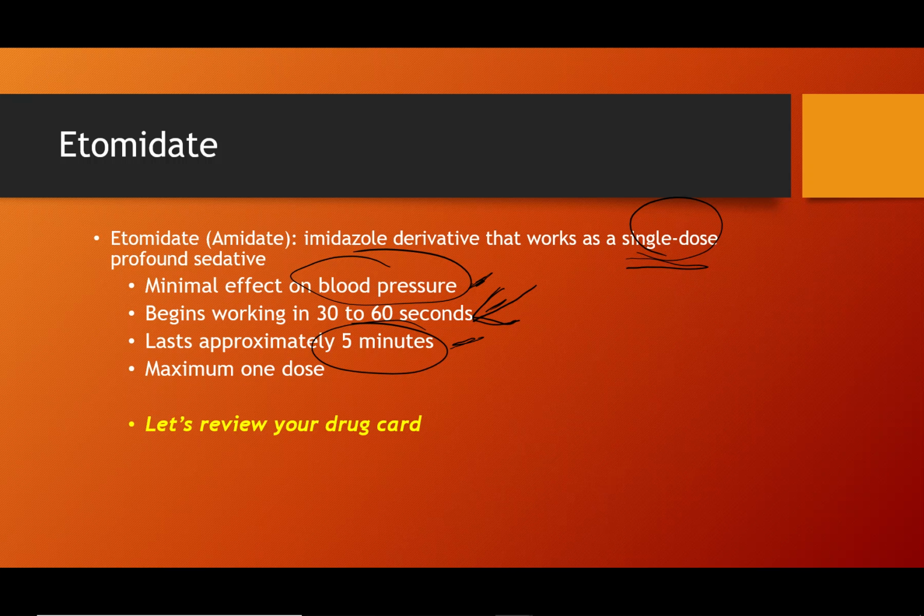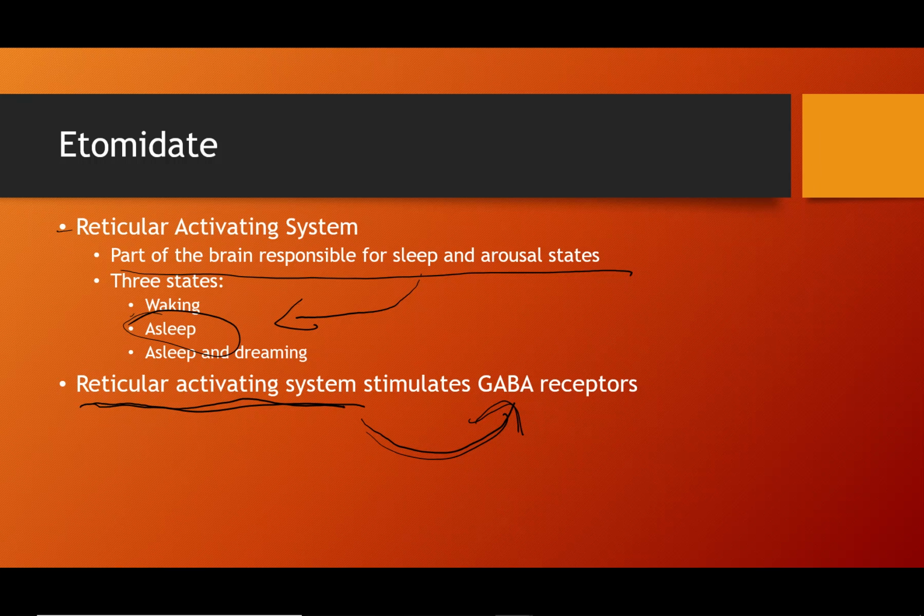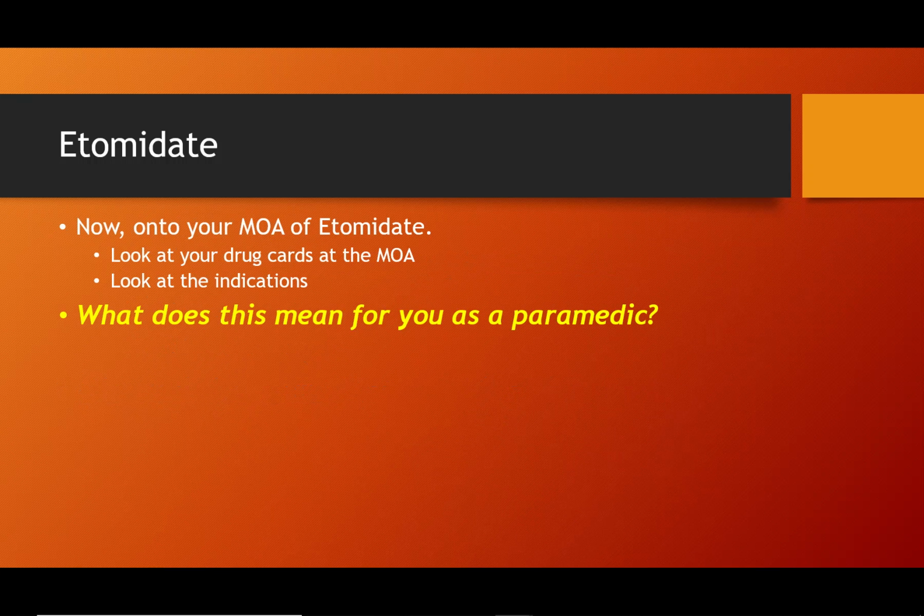That's why etomidate is probably one of the top 2 medications given for a sedative when we talk about RSI, rapid sequence intubation, or induction.